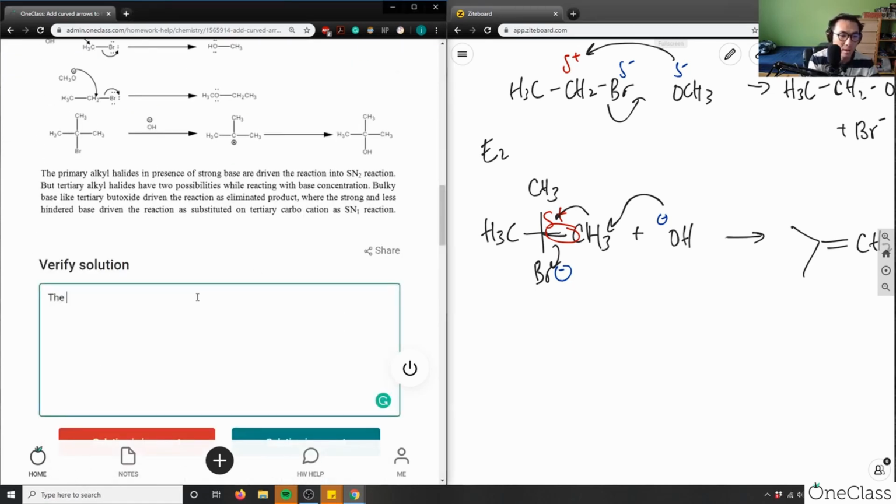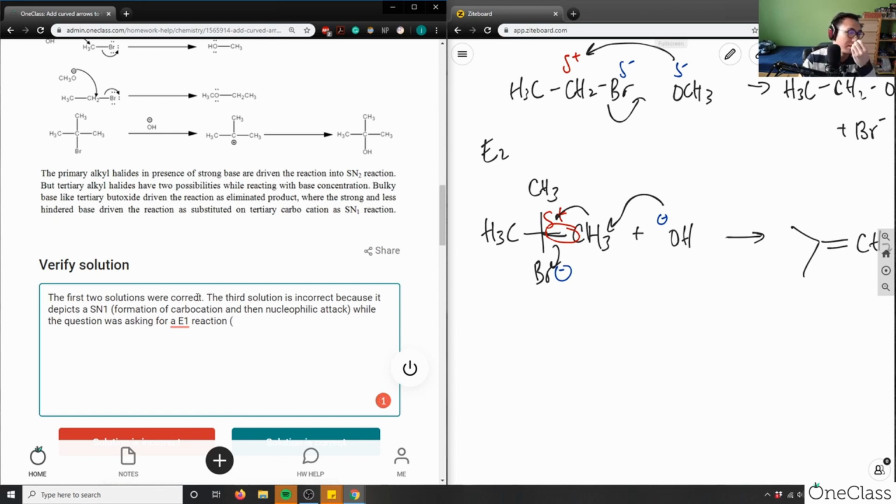So I'm going to say the first two solutions were correct. The third solution is incorrect because it depicts an SN1 reaction, because I have formation of a carbocation and then nucleophilic attack, while the question was asking for an E2 elimination reaction.